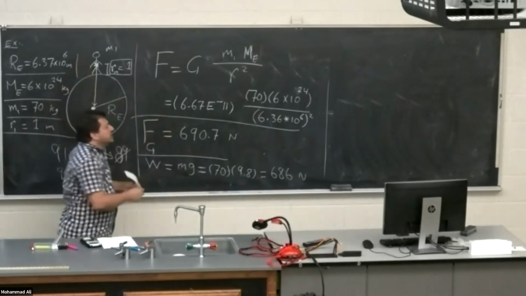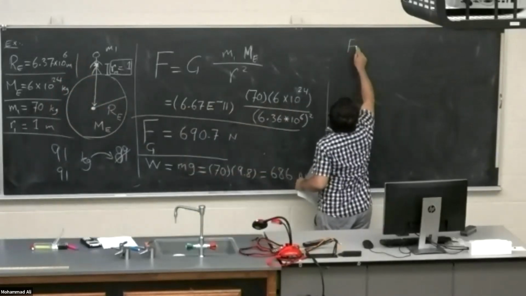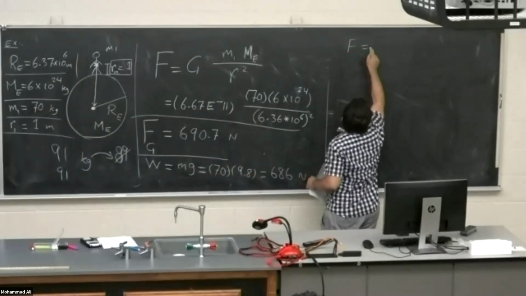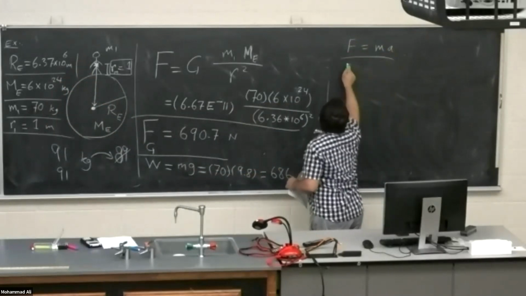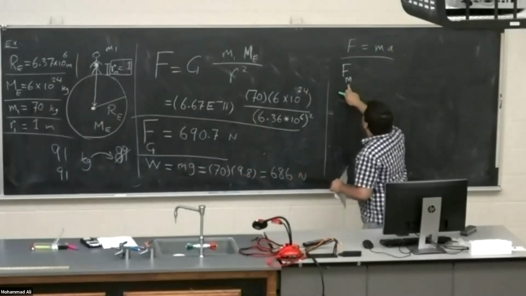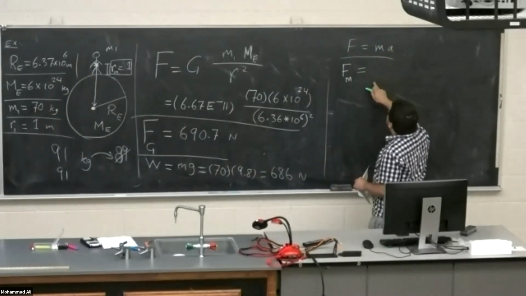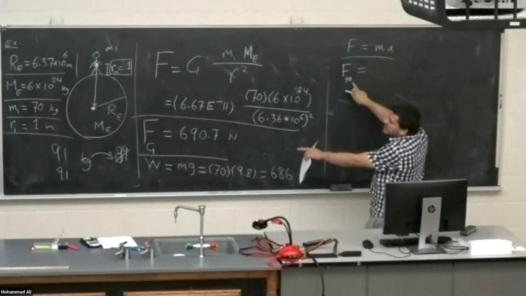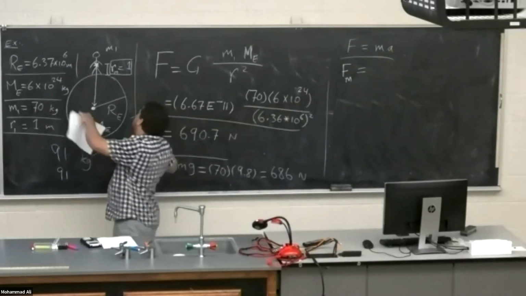We have two accelerations. The acceleration will be computed by using Newton's second law, which is F equals ma. I need to calculate the acceleration for the man, which is m1. Now look, the force is the same between the two objects.